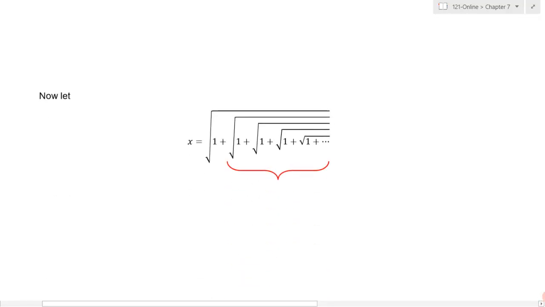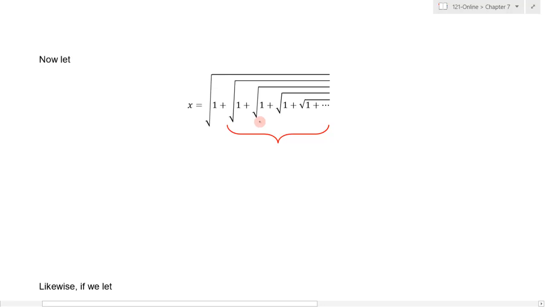All right. Well, here's something else interesting as we move forward with our understanding of algebra. If I was to let x equal this number, this repeated radical, square root of 1 plus square root of 1 plus square root of 1, notice that this set of radicals in here is exactly x, right? Because the square root of 1 plus the square root of 1 plus square root of 1 forever is x. So that gives me that x is going to equal the square root of 1 plus x.